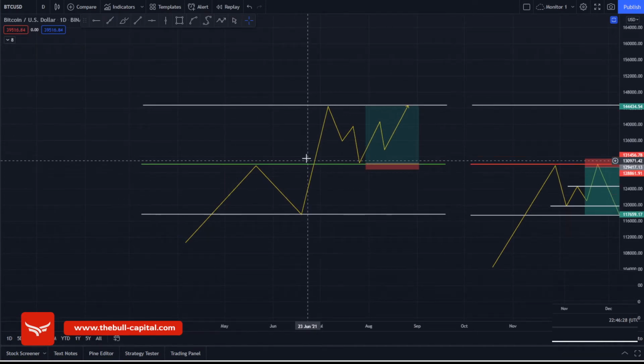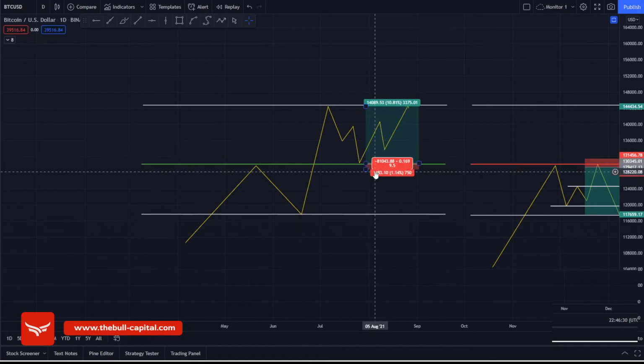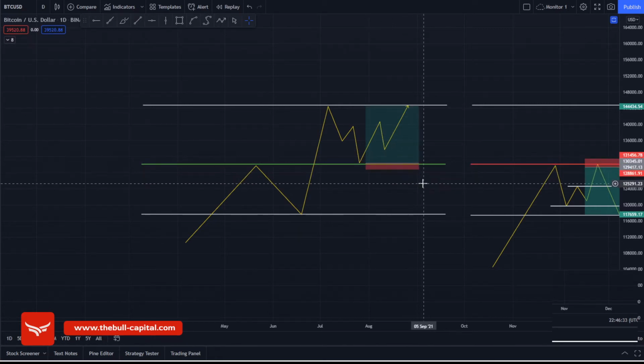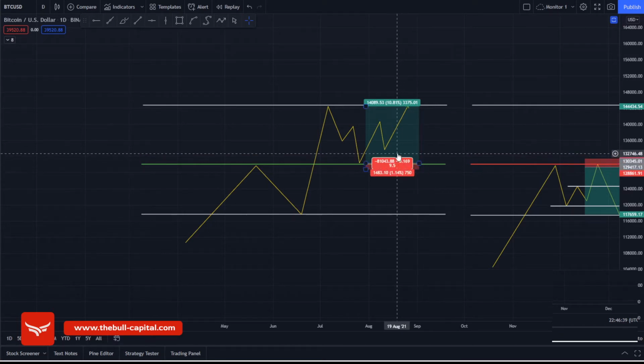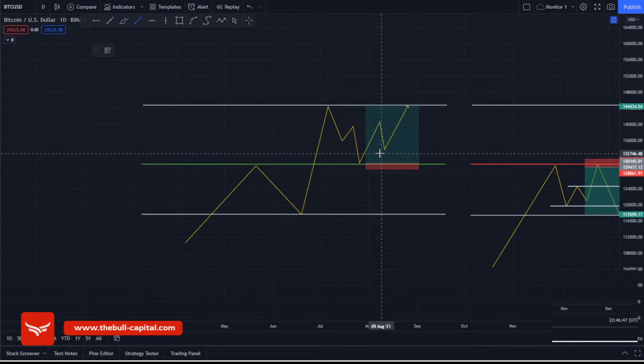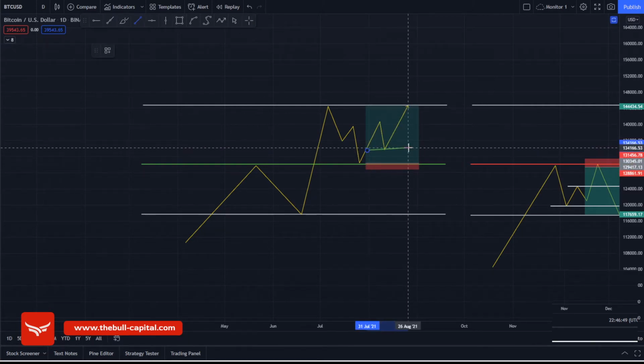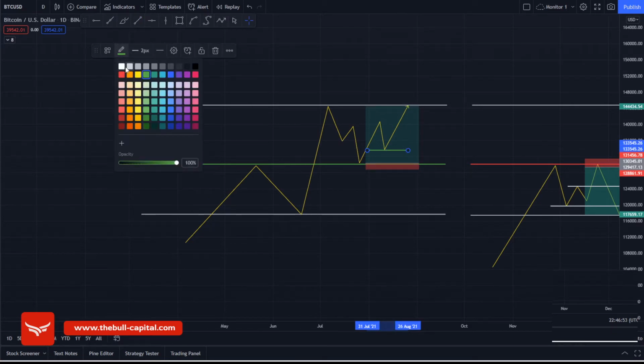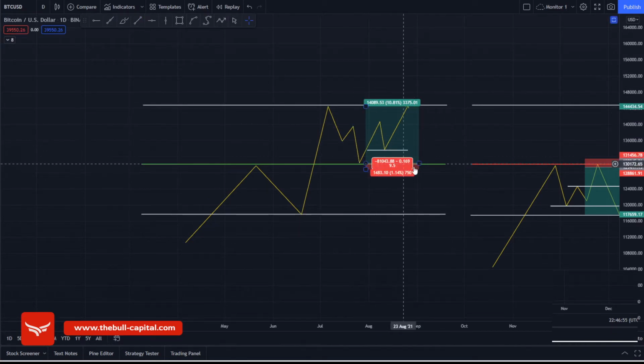Now, if we enter here at this support with the stop loss just below, our first target is this valley, because this valley now acts as resistance, and we're going to draw a line here. This now acts as resistance.